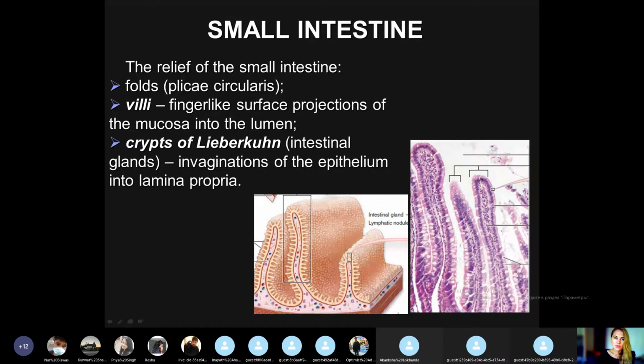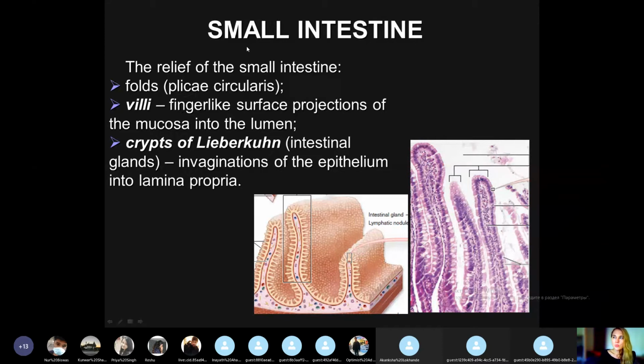One more time, finger-like projections we call villi, invaginations of the epithelium we call crypts, or crypts of Lieberkühn, or sometimes you can find them called intestinal glands. This specific relief we can find only in the small intestine.